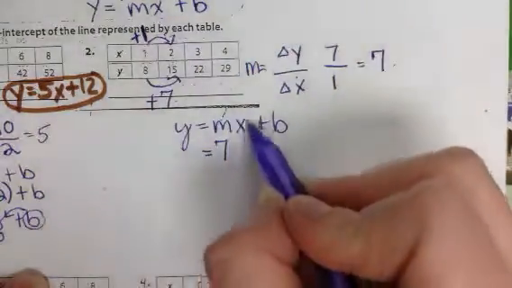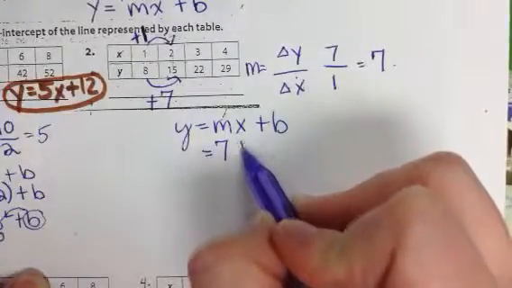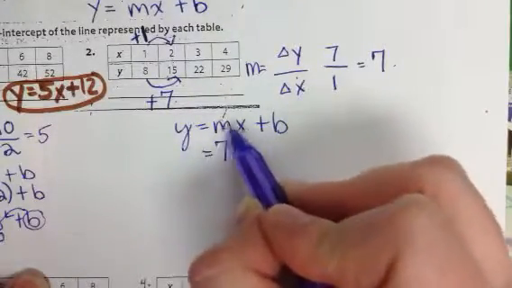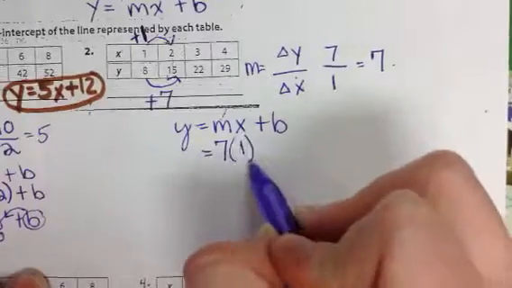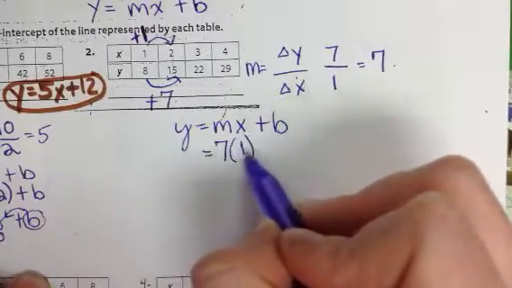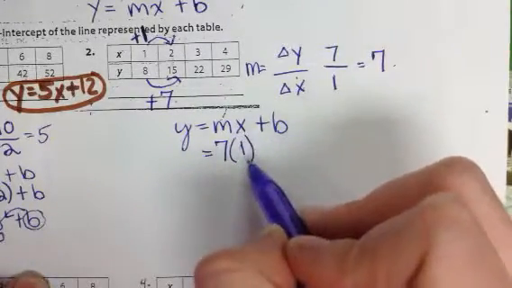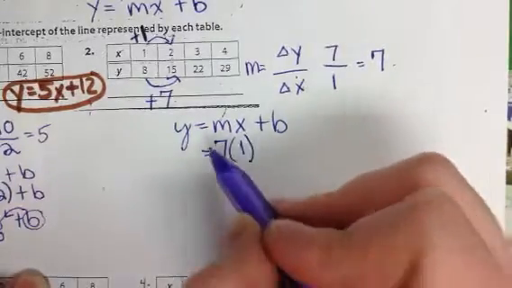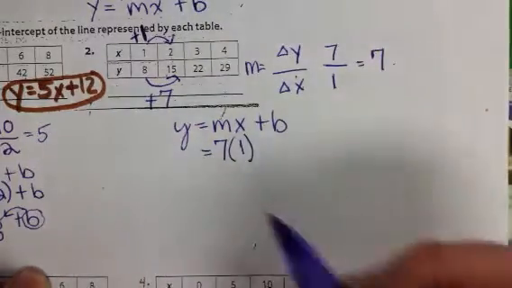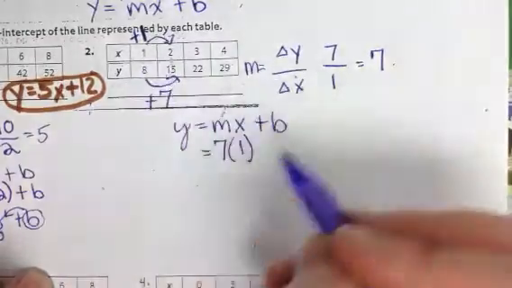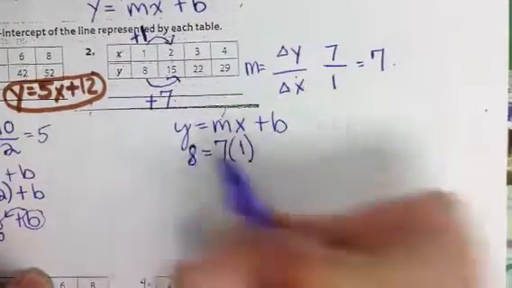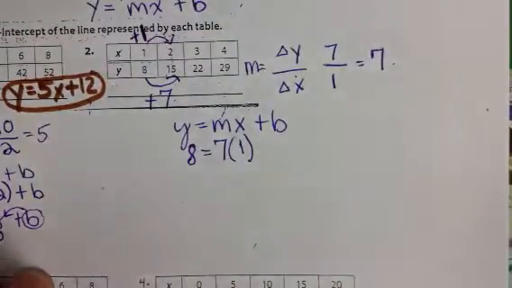So right under the variable x, I'm filling in a 1. Since these variables were side by side, I'm going to show that they're multiplying by separating that with parentheses. It's not going to be a 71. It's 7 times 1. I'm going to go get a y value from my table. So fill that in under y.